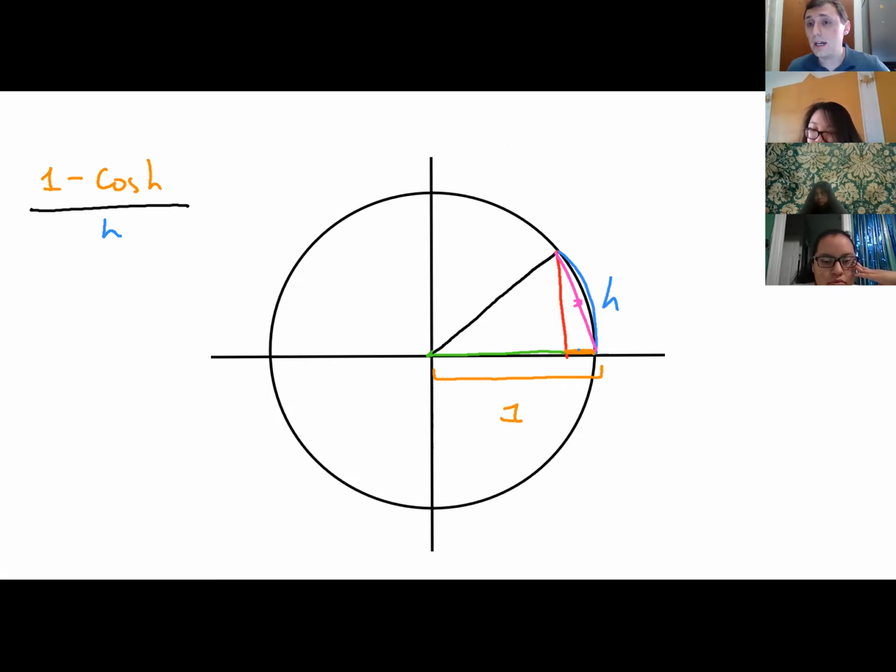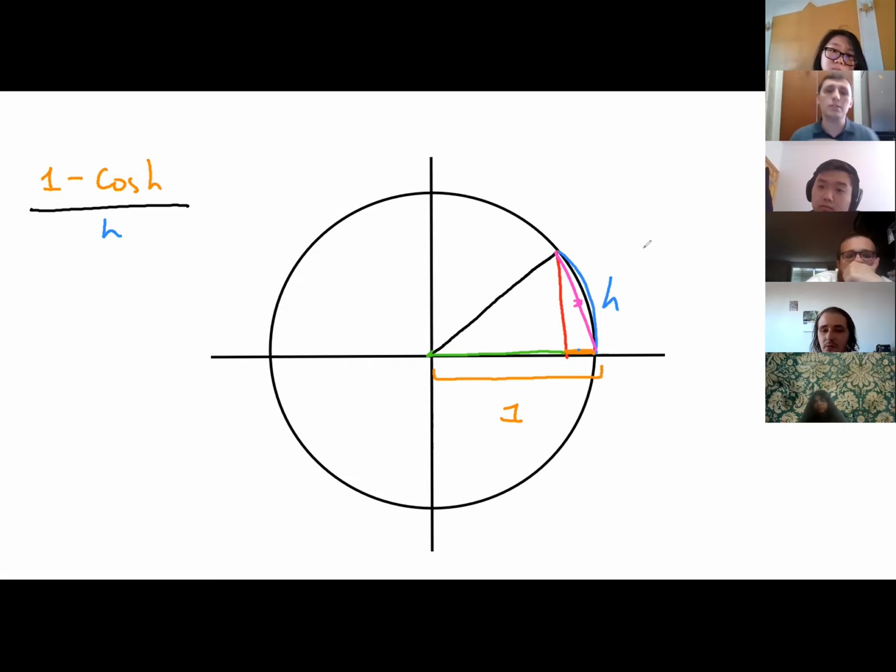So that means that we know by the Pythagorean theorem, the square of the red segment plus the square of the orange segment is equal to the square of the pink segment. You agree? But do you all see, guys, that the pink segment must be approaching? It's still smaller than h, and if sine is approaching the same value as h, that means that the pink segment is going to be more and more of the length of the vertical line segment.